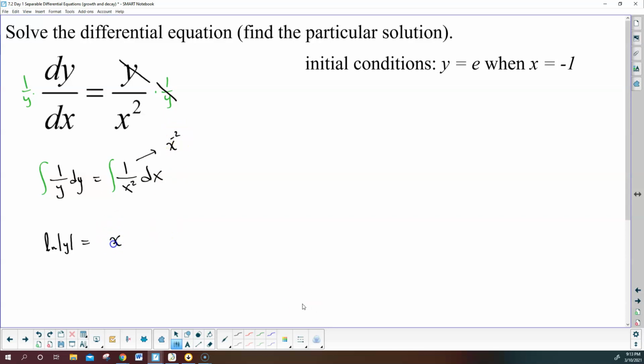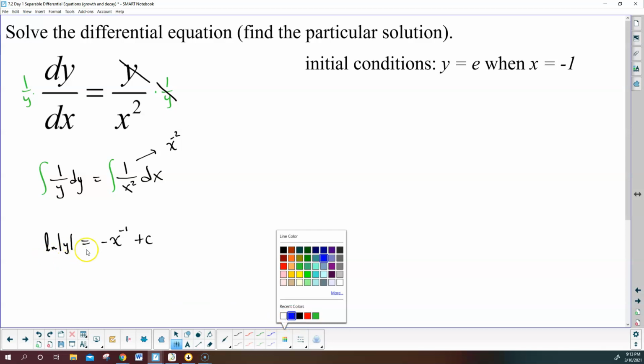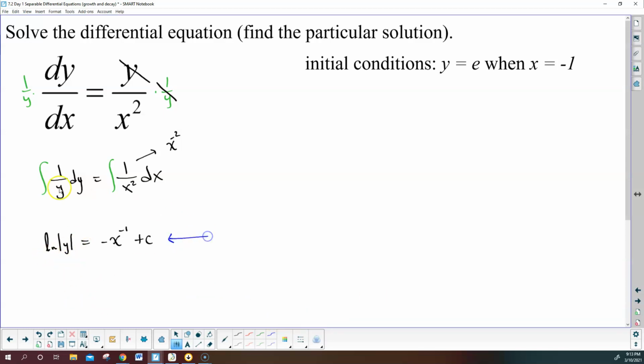So if I add 1 to the exponent, I get a negative 1 up top, which means I'm putting a negative out front. And then I get plus c. Now, you could try to solve for y right now. But at this point, as soon as you integrate, as soon as you take the antiderivative, we're going to use the initial condition.